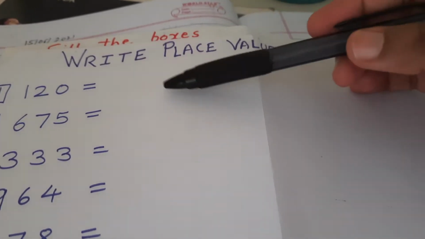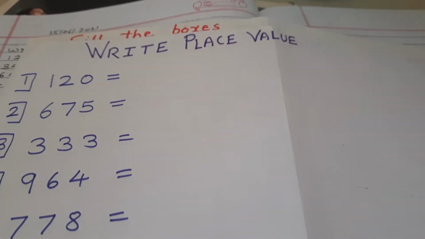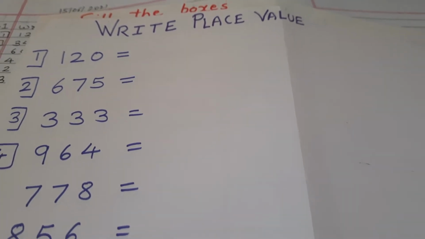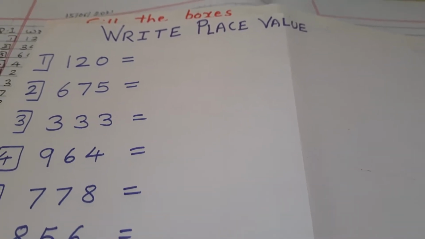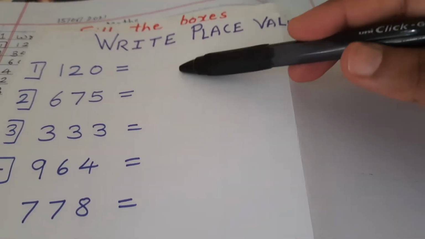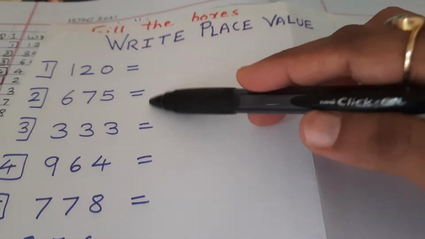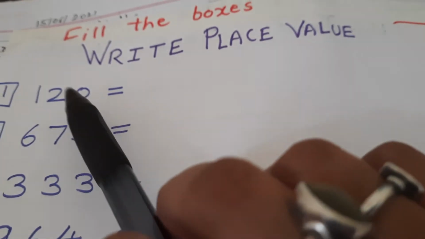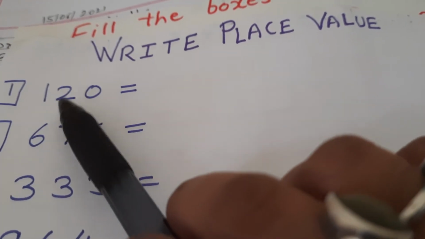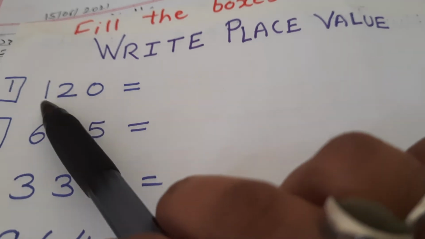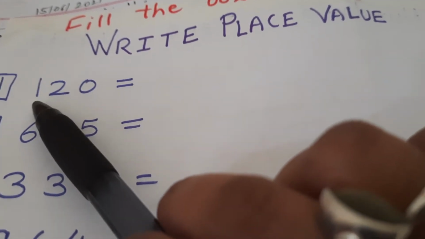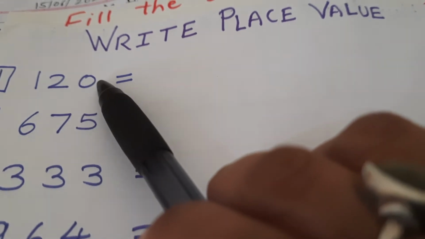Now the next is write the place value. We have seen hundreds, tens and units. The same way here we are going to write the place value of this given number. As we read the number, the same way the place value of that number is. 120.